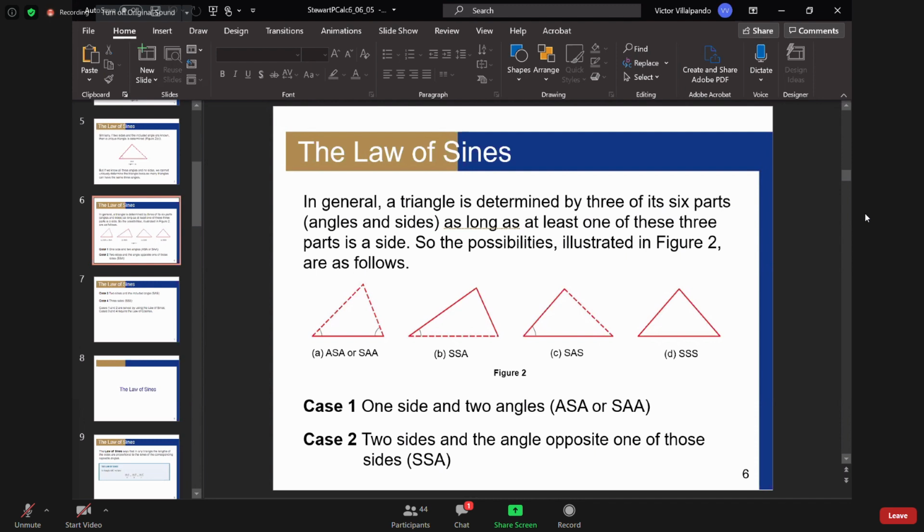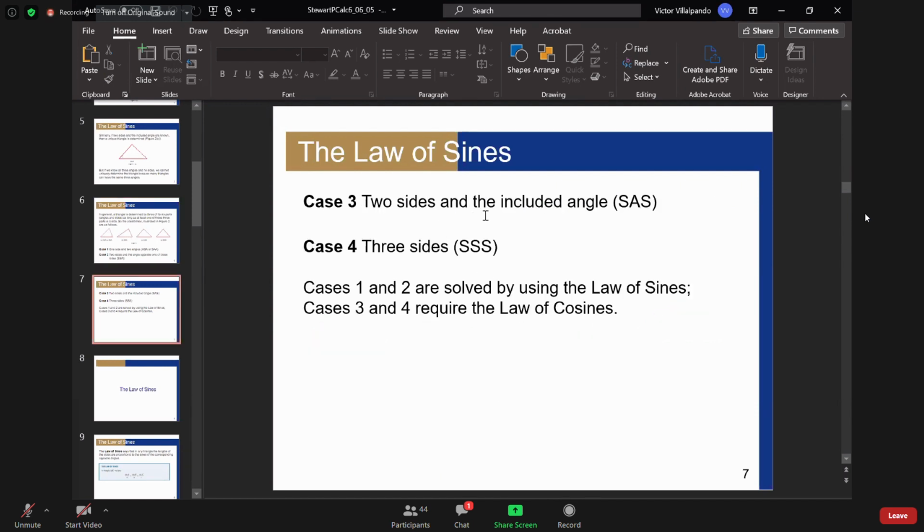Now recall that if you don't have at least one side of a triangle, then it's not solvable. So these other two examples, C and D, cases 3 and 4, two sides and an included angle, and three sides, are required for the law of cosines. So let me go ahead and close that. That was from 6.5.